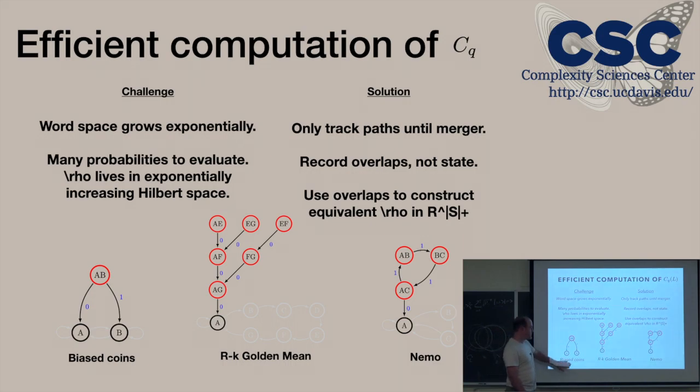And these are the transient structures for the three examples that I showed you earlier, the bias coin, RK Goldamine, and the NEMO. A simple one, a nice tree, and then one with a little loop in it. It's this loop that makes this thing never converge, but just converge asymptotically.